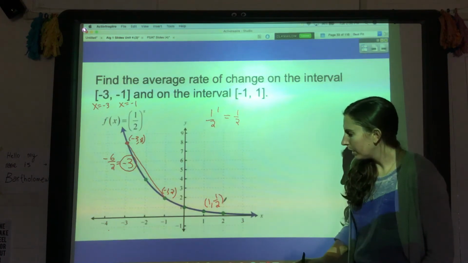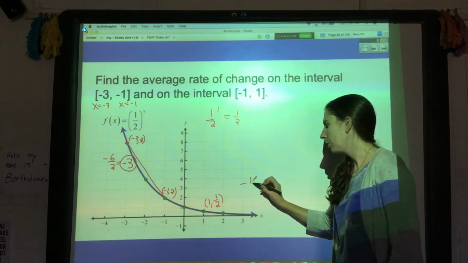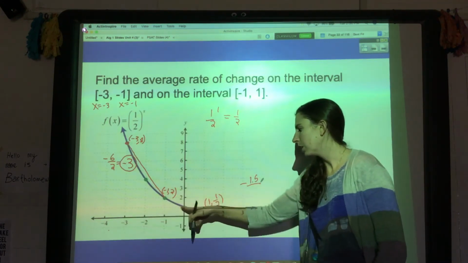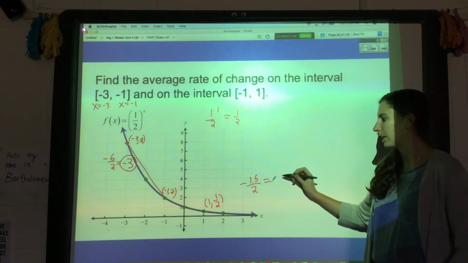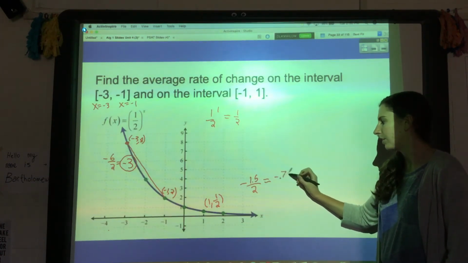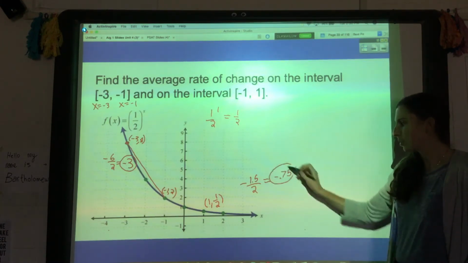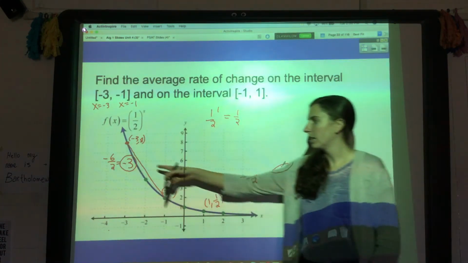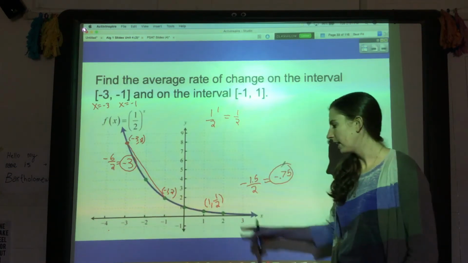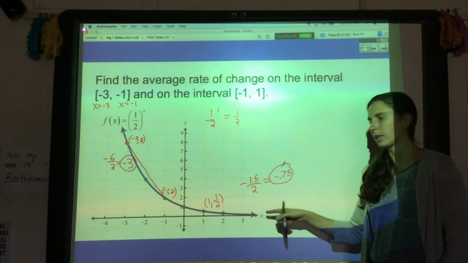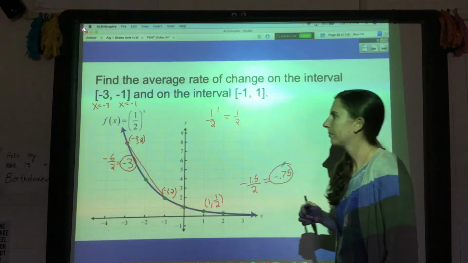Okay, on this one we go down 1.5, and we go over 2. If you divide 1.5 by 2, you get -0.75. So like I said, see how this one is a much smaller decrease? This one is a much bigger decrease because it's steeper than this right here. And then it would continue to get smaller and smaller as we go because it's exponential. Or if we went that way, it would continue to get steeper and steeper.